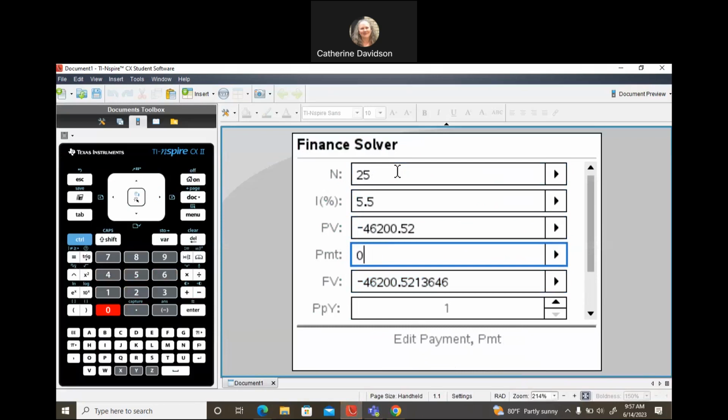He's making no payments, and we're going to have to figure out the future value. So the first 20 years, he makes payments, and the balance in the account is $46,200.52. Then that money sits there for 25 years, making no payments, but it is accumulating interest. So this is the total he has in his account when he's ready to retire at age 65.